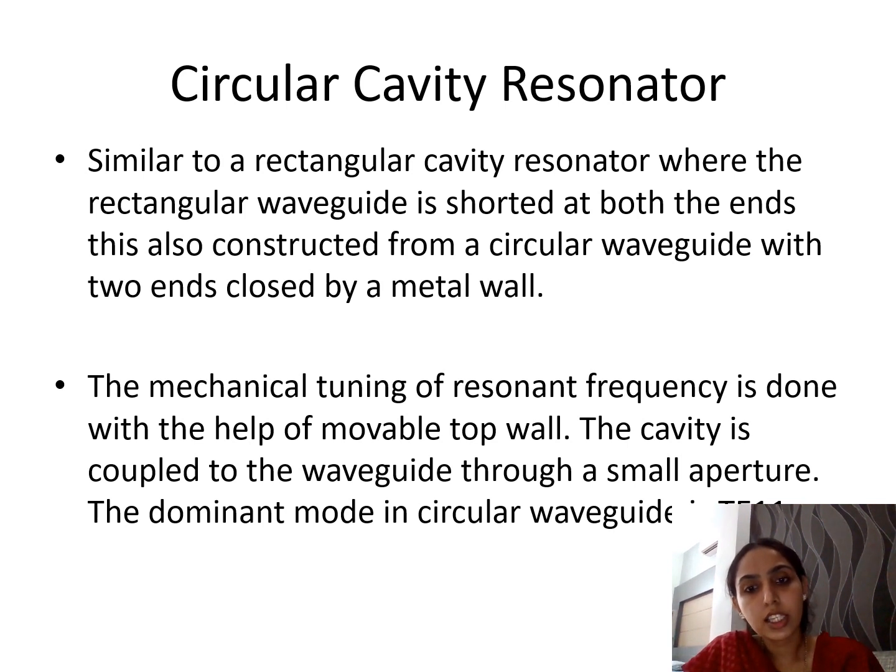Now the difference here is that we have a movable top wall, so that it finds application in frequency meters. If we have a movable top wall, we can have mechanical tuning of resonant frequency. This cavity can be coupled to the waveguide by means of a small aperture.